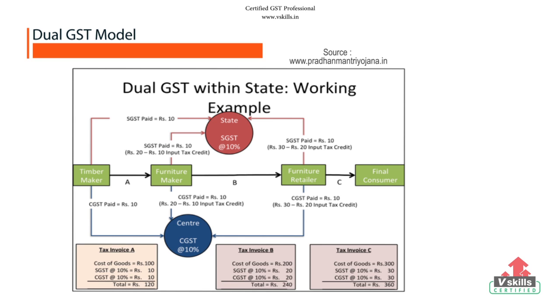Similarly, the facility of cross-utilization of credit will be available in the case of SGST. However, the cross-utilization of CGST and SGST would not be allowed except in the case of interstate supply of goods and services under the IGST model.